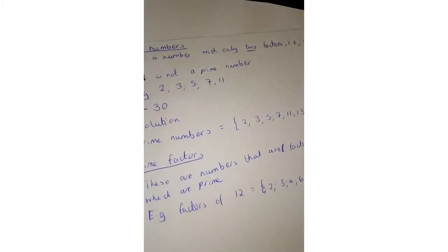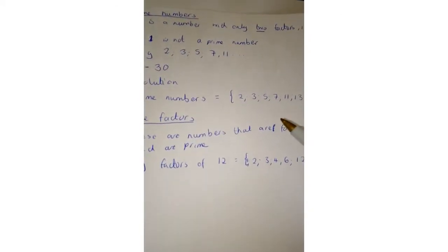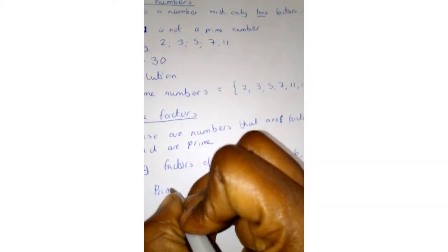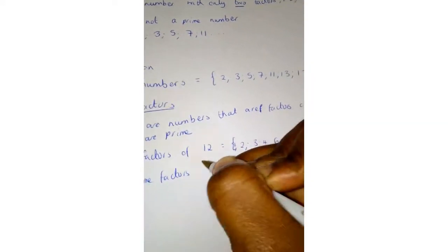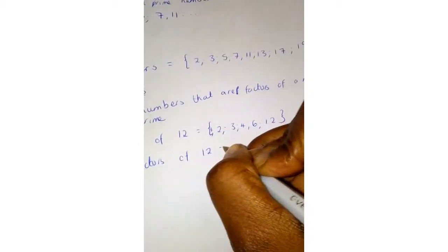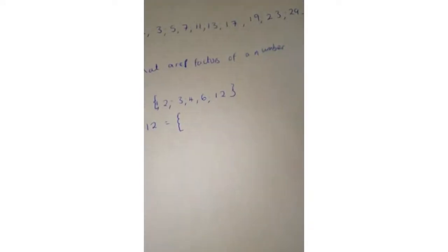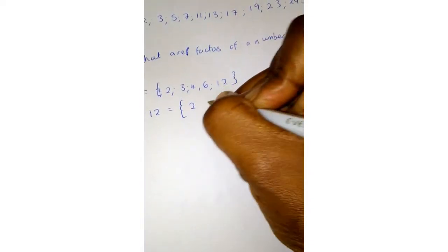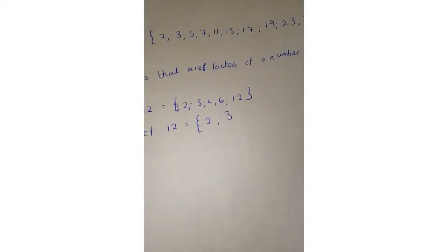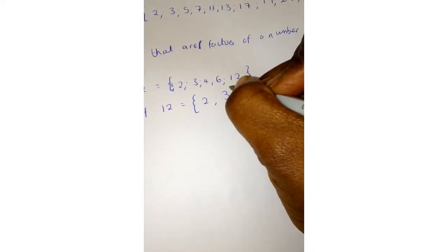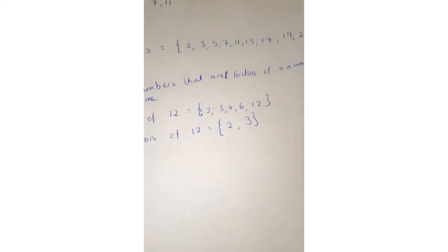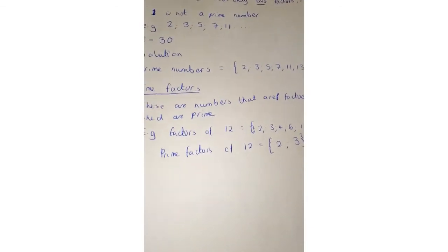And we also mentioned that prime numbers are the numbers with only 2 factors, that is 1 and itself. So the prime factors of 12 are: 1 is not prime, so it's not a prime factor of 12. 2 is a prime factor of 12. 3 is a prime factor of 12. 4 is not, 6 is not, and 12 is not. So this is the set of prime factors of 12.